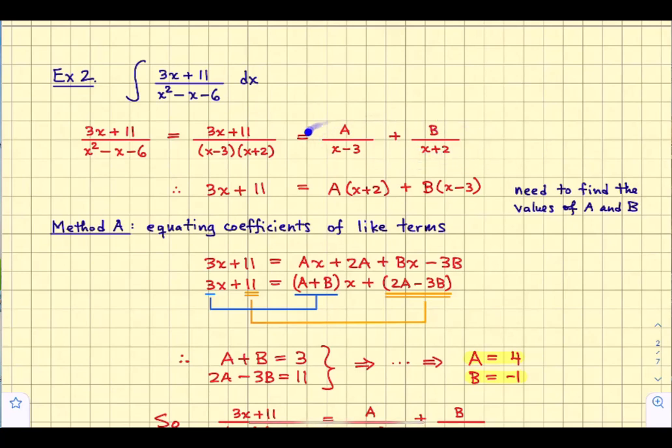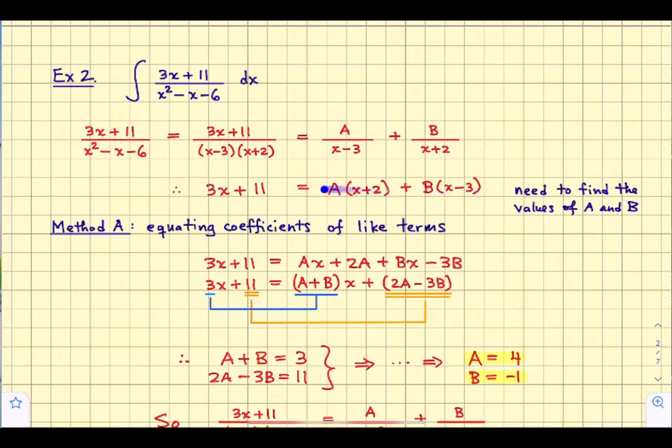So this is the partial fraction decomposition template for case 1, and now in order to find the constants A and B, let's multiply everything in the equation by the common denominator, x minus 3 times x plus 2. When we do that, both of these cancel and we get 3x plus 11 on the left-hand side. On the right-hand side, the x minus 3's cancel and we get A times x plus 2, plus when we multiply here, the x plus 2's cancel and we get B times x minus 3.